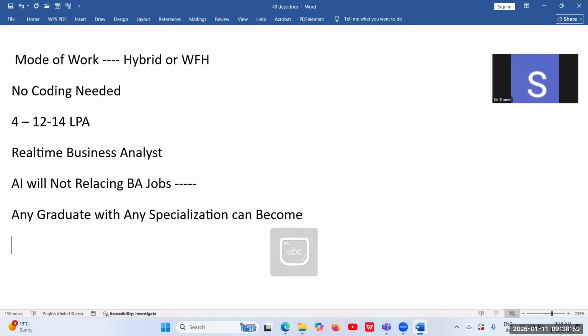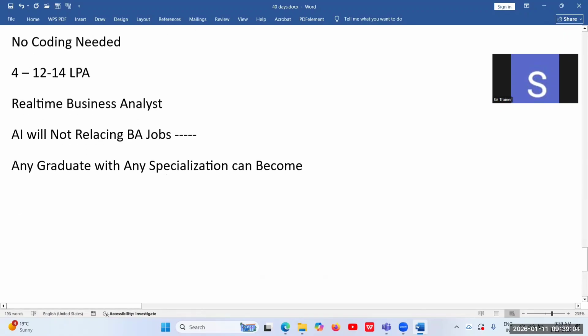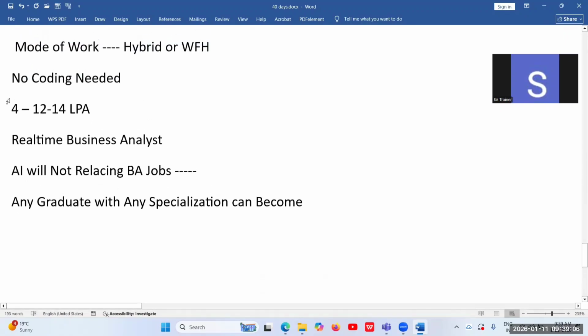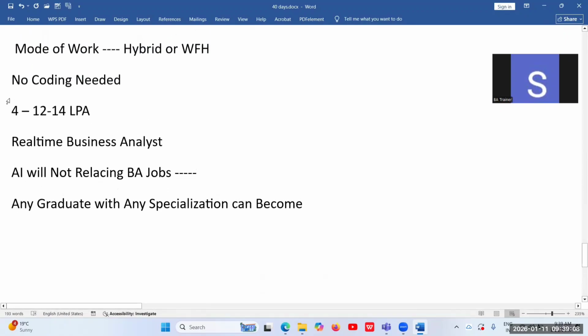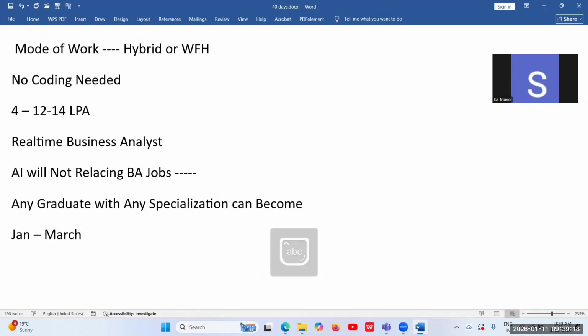The next factor I would like to speak about is for any employee working in the IT sector who wants to change their career, job or company: the right time is January to March. The January to March period is very ideal for anyone to change their career or land another job, because the openings will peak in the IT sector.